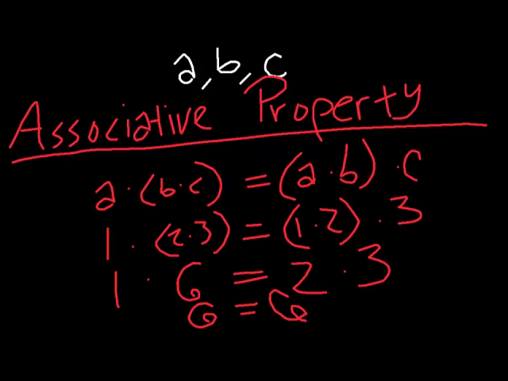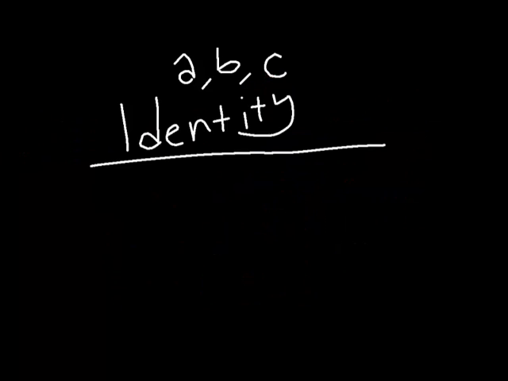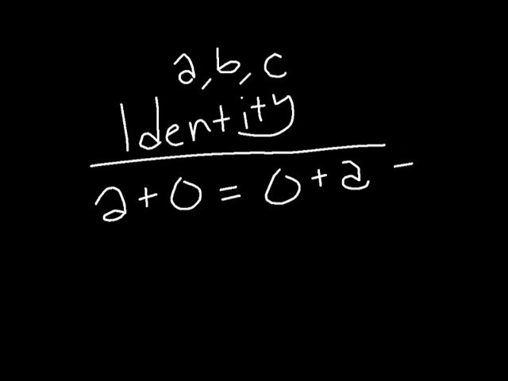Okay, let's move on to identity, which is a lot easier in my opinion. So the identity property is telling us that if we have A plus 0, that's going to equal 0 plus A, which really just equals A, because 0 is 0.